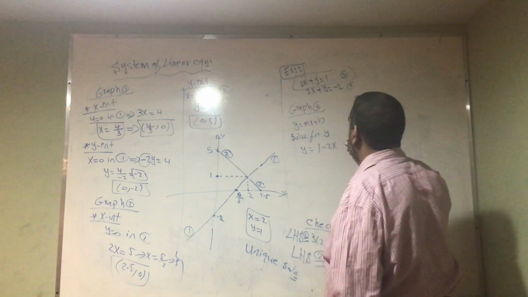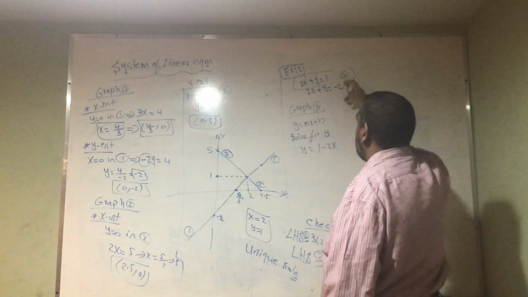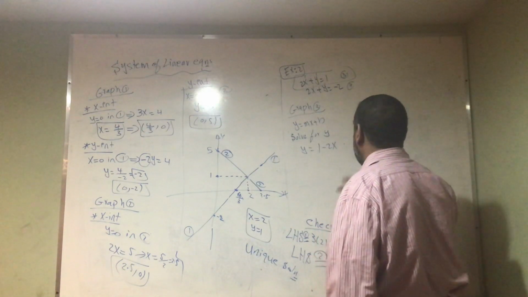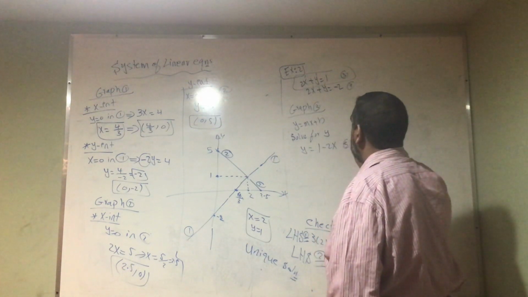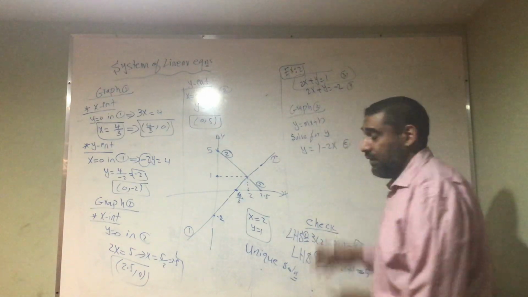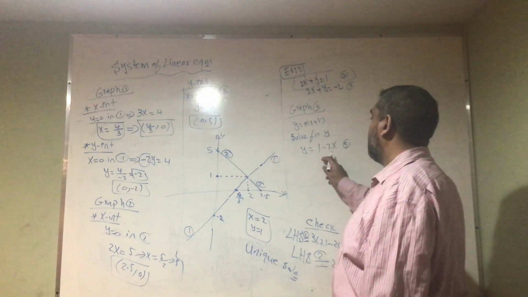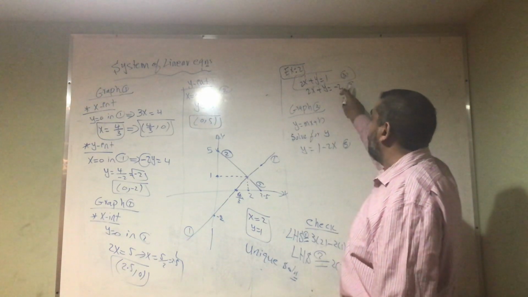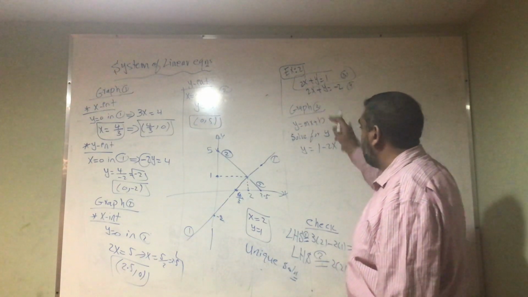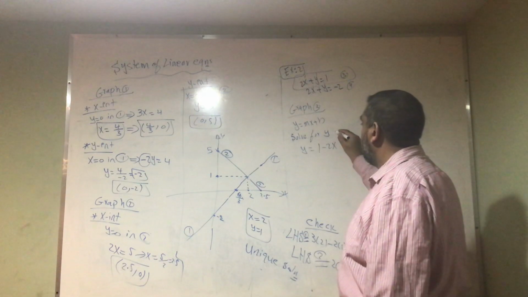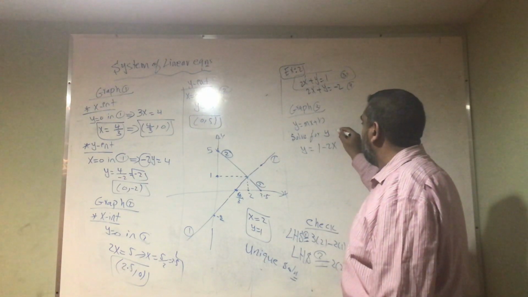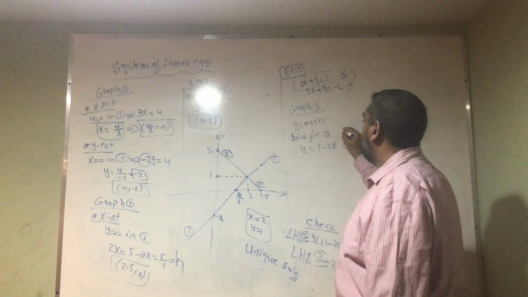You can write 3 again because it's still the same, or I just give it another number here, but remember, 3 and 5 are exactly the same. Now I solve equation number 4 for y.